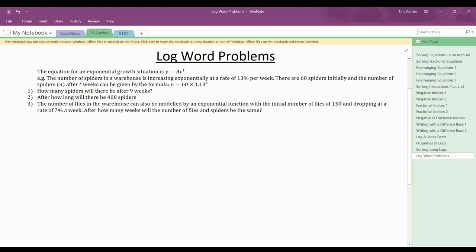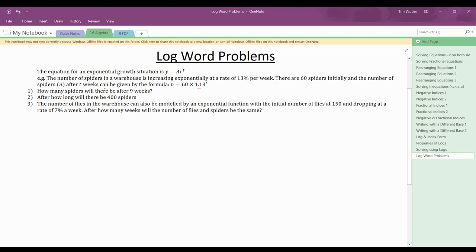R is the rate, and we're increasing at a rate of 13% per week. As a decimal, 13% is 0.13, but since we've still got the whole amount that was there plus the increase, it's essentially 113% relative to what there was. So that's why it's 1.13, and t is the number of weeks.